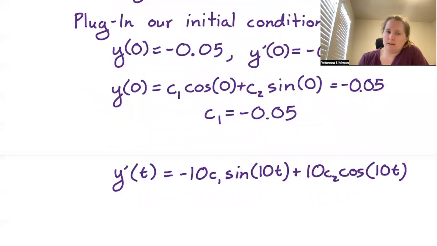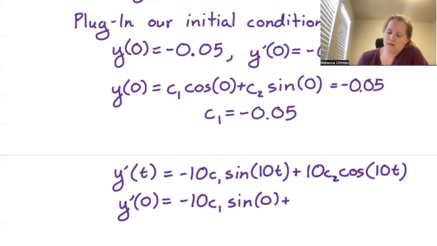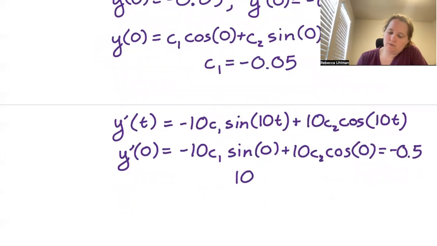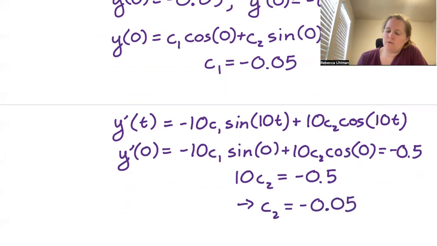And if we plug in y prime of 0, we are looking at negative 10 C1 times sine of 0 plus 10 C2 times cosine of 0, and that should equal negative 0.5. So sine is 0, and we are just looking at 10 C2 is equal to negative 0.5. We actually wind up getting that C2 is also negative 0.05.